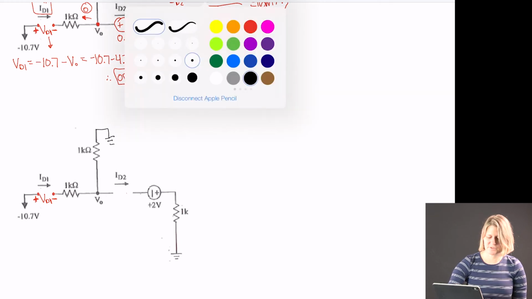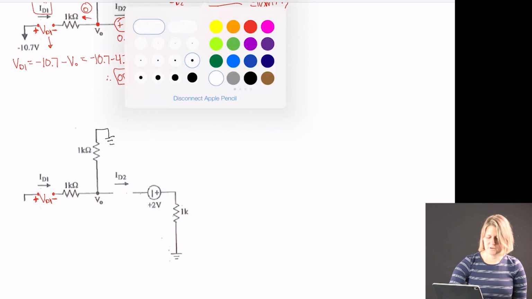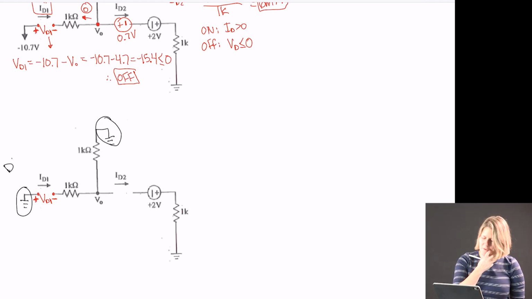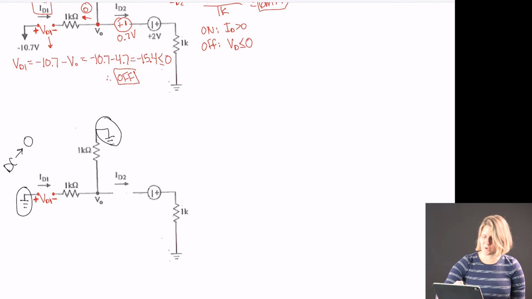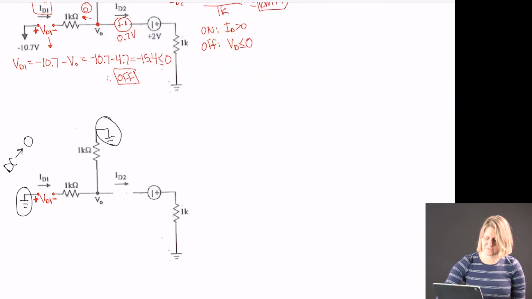So the minus 10.7 also becomes ground. So this is because DC goes to 0. We're going to replace the 2 volt. It will be oriented the same way, but now we have a sine omega t as the value there.